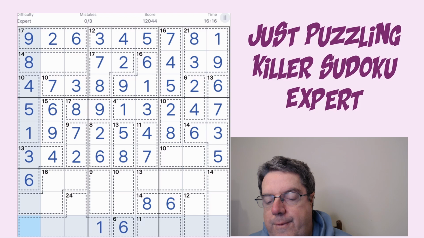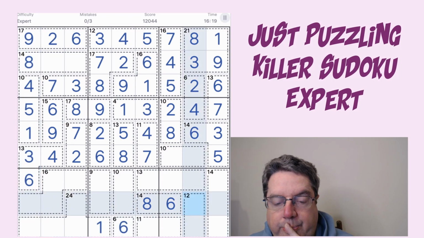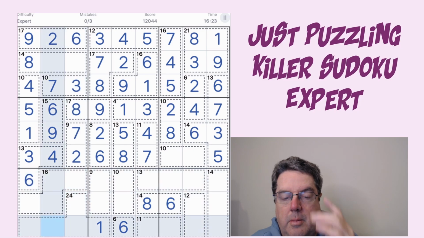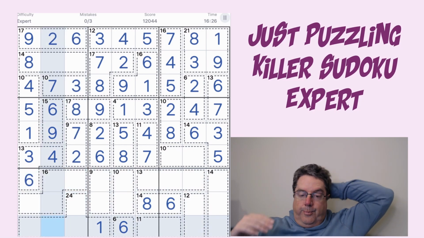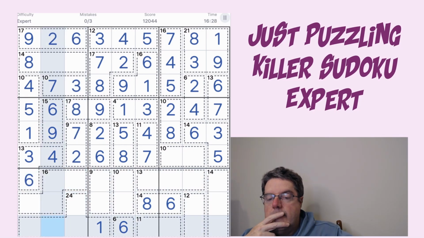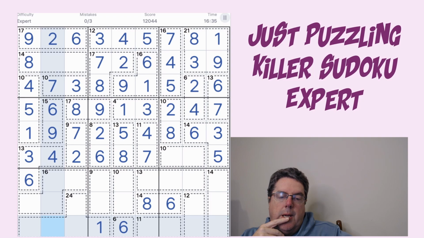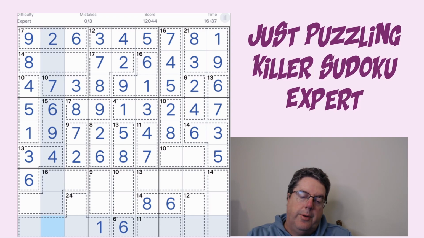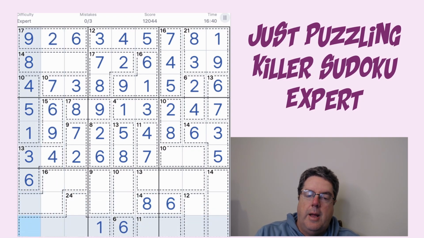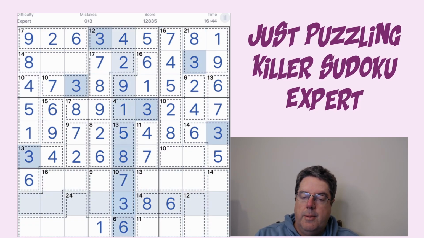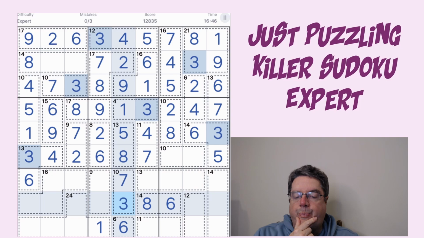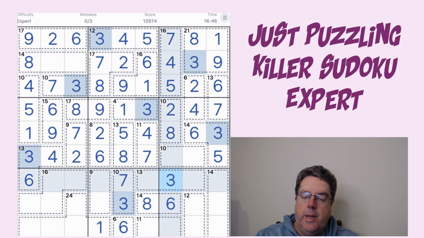So 5 and 7 there. 1 5. 12. That's 5 and 7. 7 and 3. Where's 7? So that 7 has to be there. So that's going to be a 7. That's going to be a 3. You can see that's a 3.